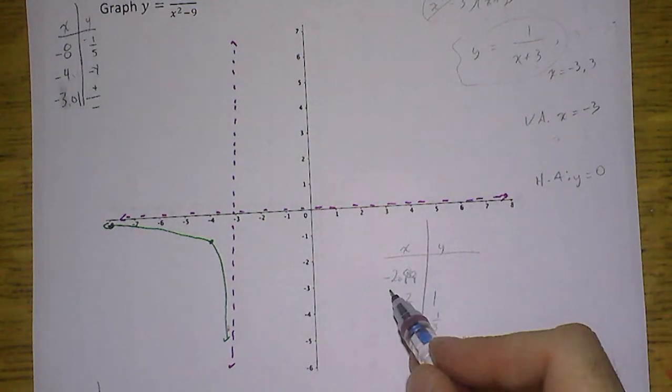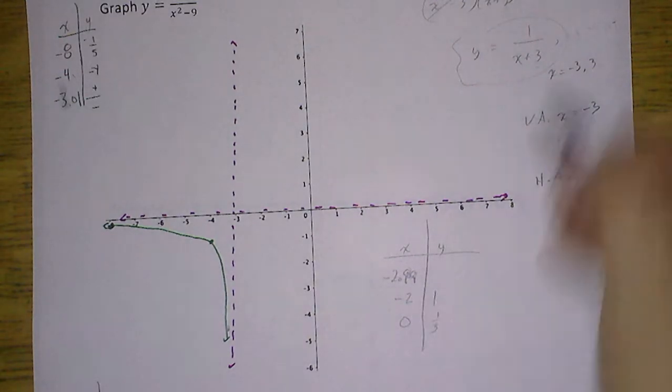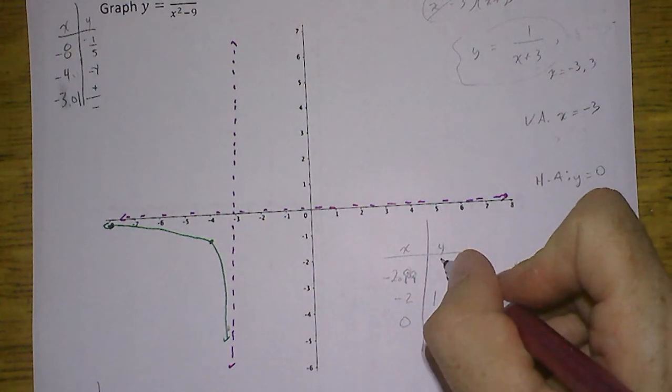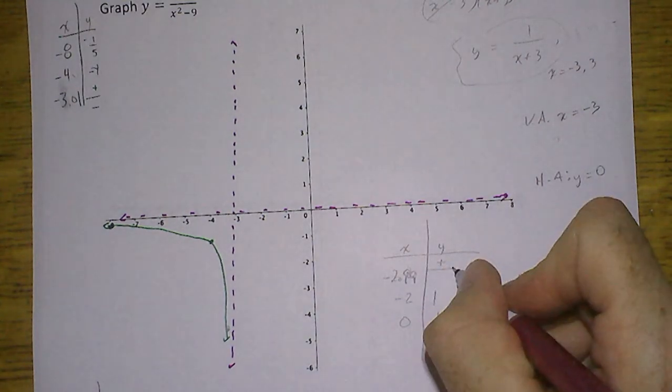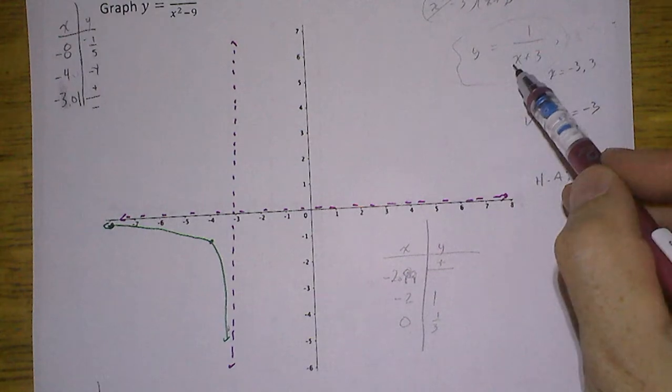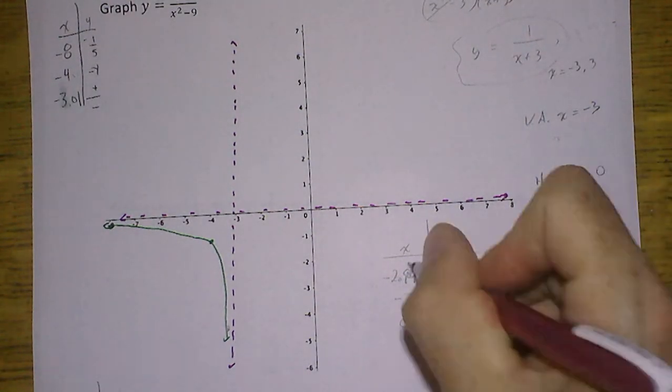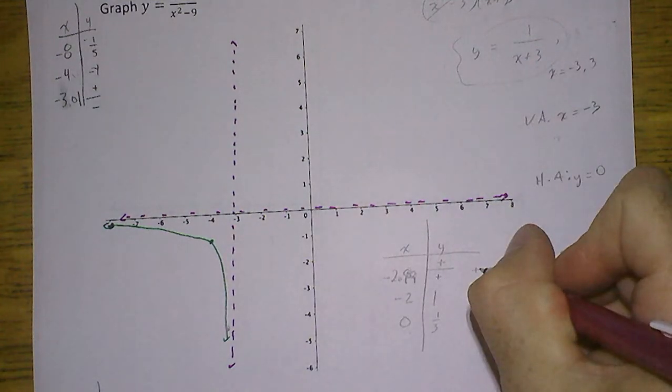When x is equal to negative 2.99, now what we see is that my numerator is 1, so it's going to be positive, and my denominator, negative 2.99 plus 3, is also going to be positive. So the outcome of this is going to be positive.